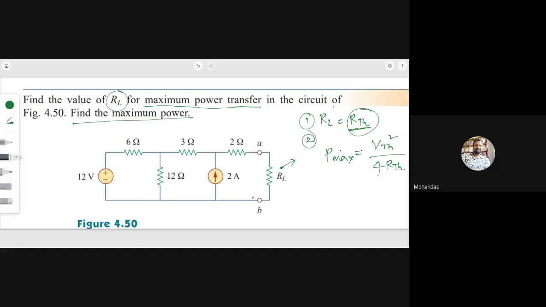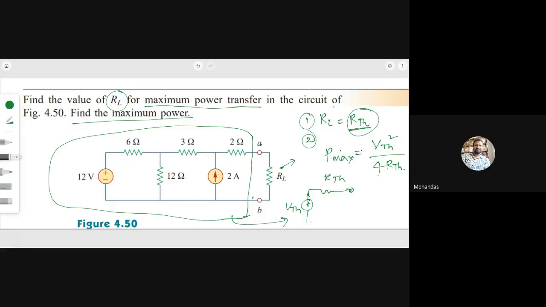So how to solve this problem here? The entire circuit before the AB terminals should be replaced with V Thevenin in series with R Thevenin. You have to replace that entire circuit across the AB terminals, and this will be RL.